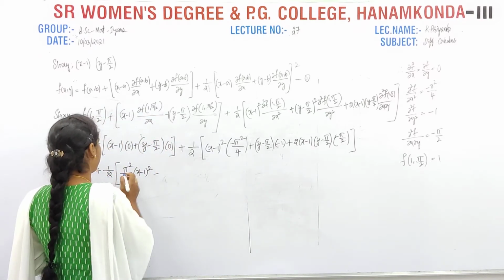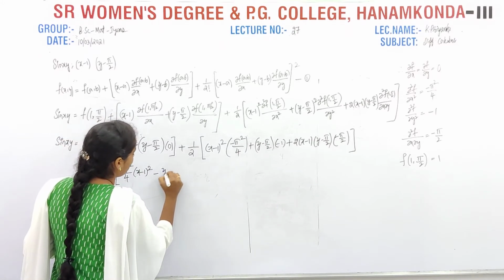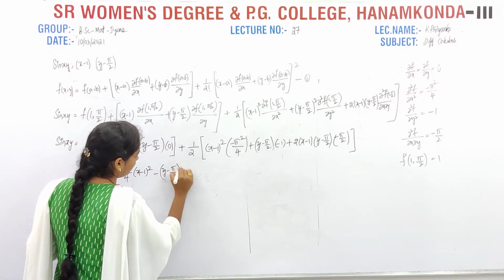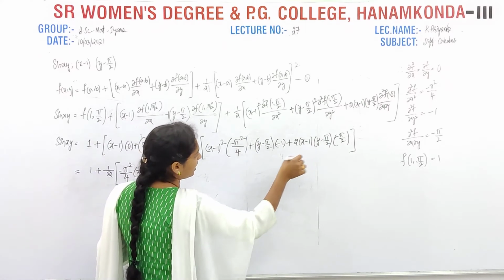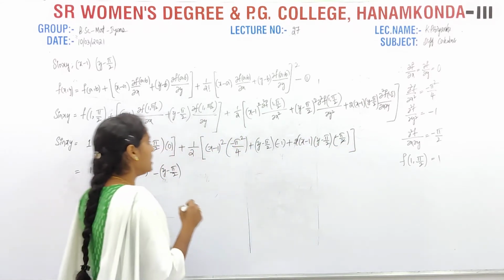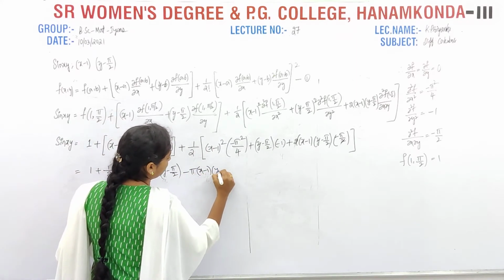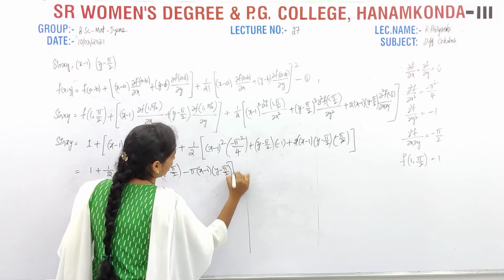actually here directly minus pi square, already we calculated this one, and here minus y minus pi by 2, okay, and here we have that into minus pi by 2 to get cancelled, therefore we have minus pi of x minus 1 into y minus pi by 2.